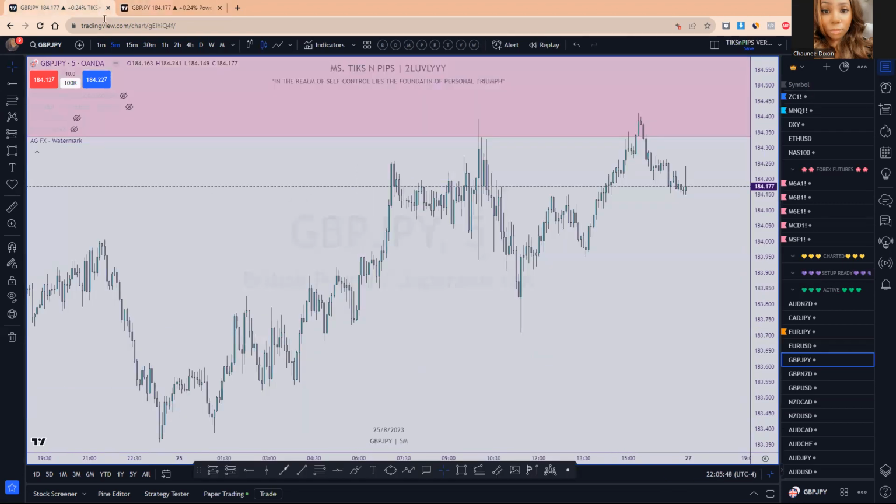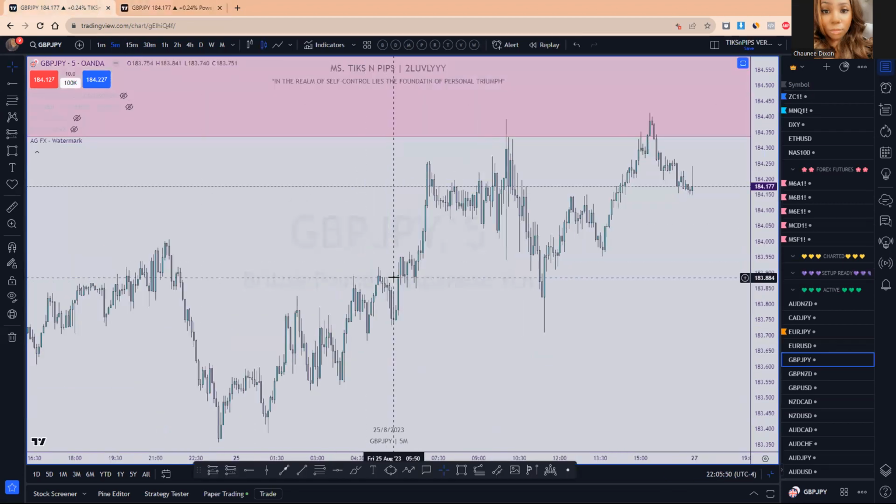Any other questions? So I really like this tool. It really helps. For me, it helps with risk management. It helps with stop loss. It helps me determine where my take profit's going to be. It helps me find a very good point of interest area for retracement.